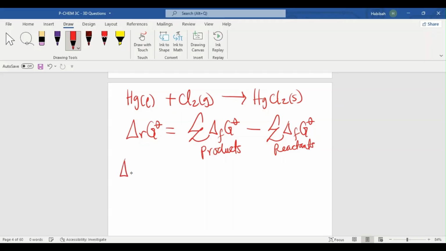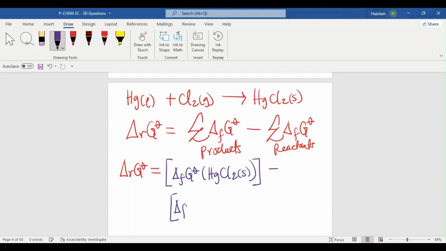So the Gibbs energy of reaction is going to be equal to, for the products, we're going to do the product first. Let me just write that down. You have the big bracket: the Gibbs energy of formation for HgCl2 solid minus the Gibbs energy of formation for the reactants, Hg liquid plus the Gibbs energy of formation of the other reactant, Cl2 gas.